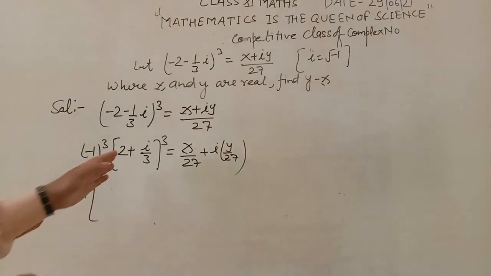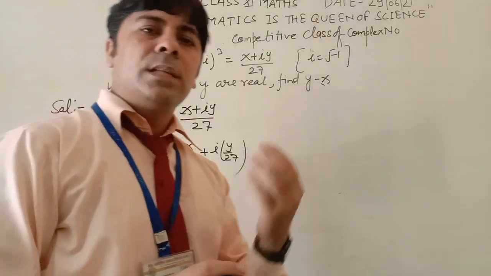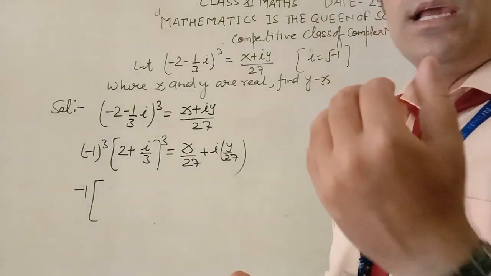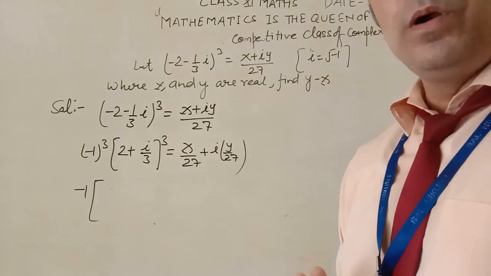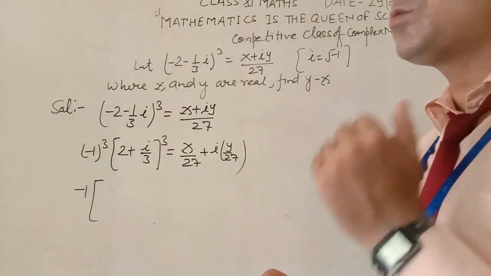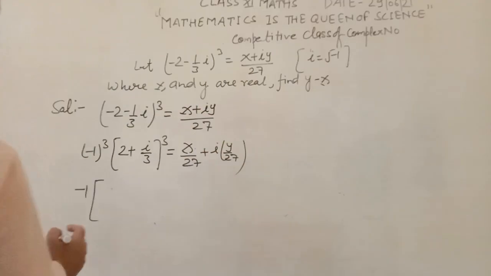In the bracket, it is in the form of (a + b) whole cube, which can be written as a cube plus b cube plus 3a square b plus 3ab square. You know that this is the formula.